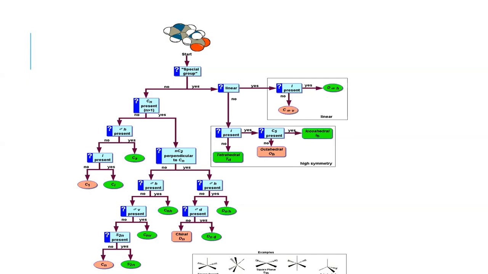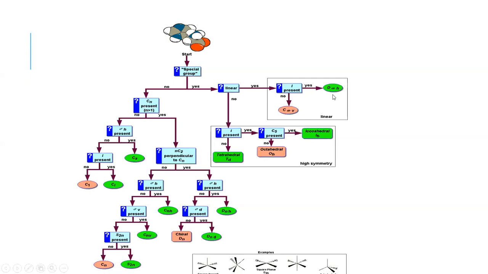And for the other one, let us take carbon dioxide. Carbon dioxide has a center of inversion at the position of C. So the point group of carbon dioxide is D infinity h.